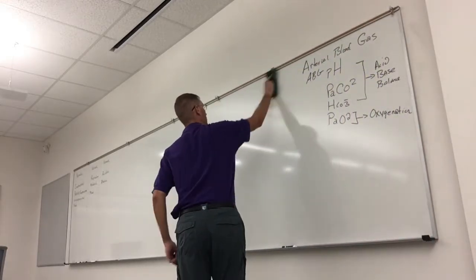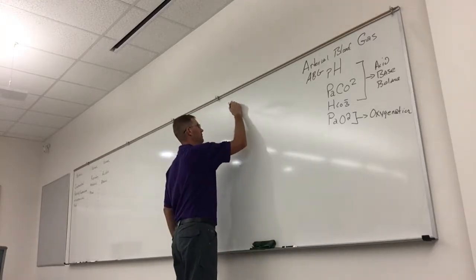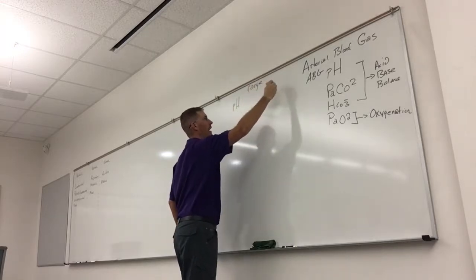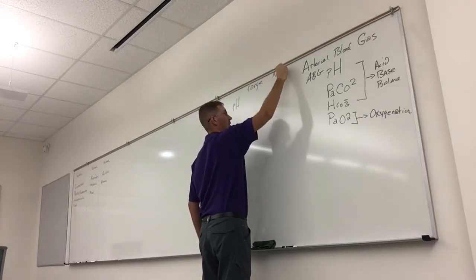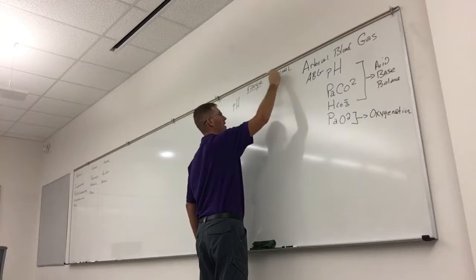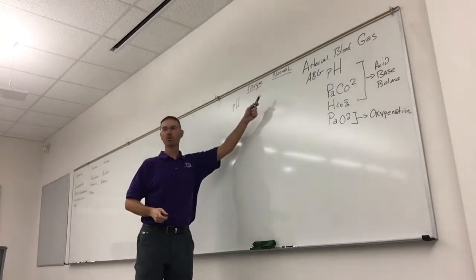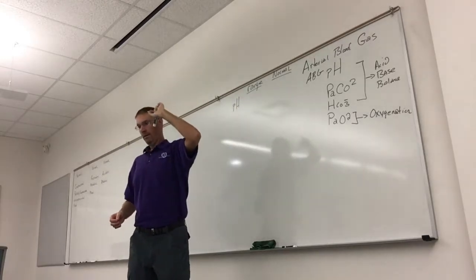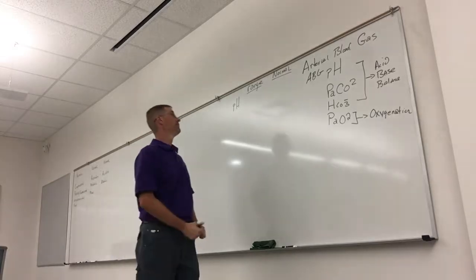All right, so let's talk about these. First of all, pH. There is a normal range, and then there is perfectly normal. You need to know the difference between these two in regards to pH, because it will help you understand something known as compensation when we get there.